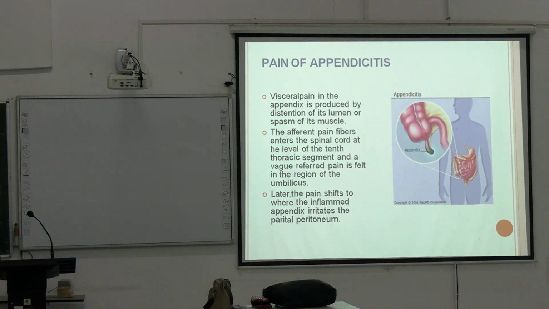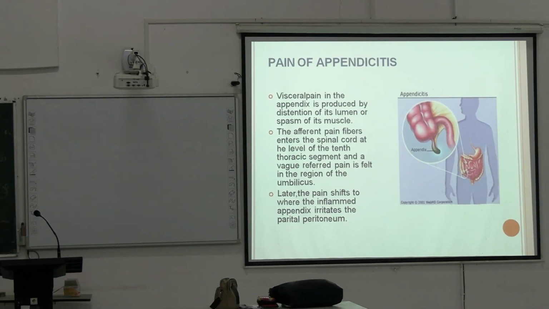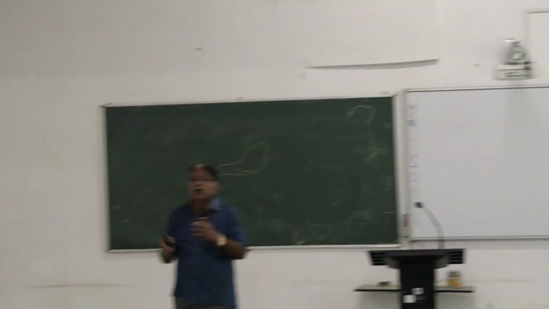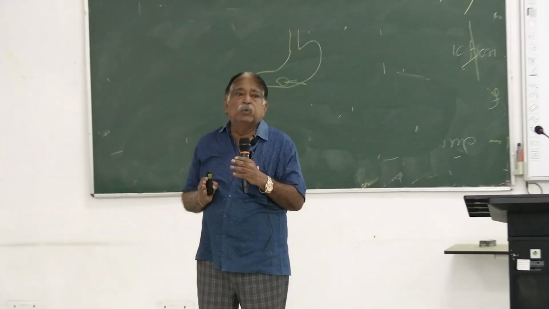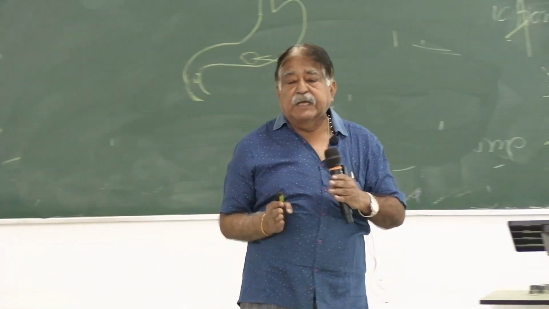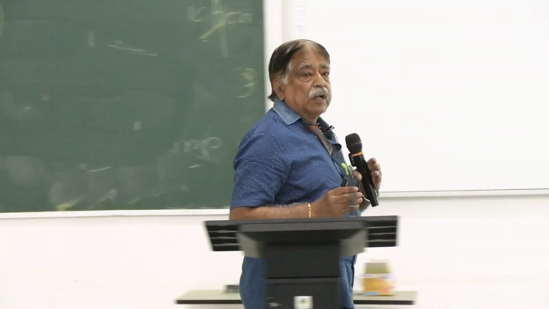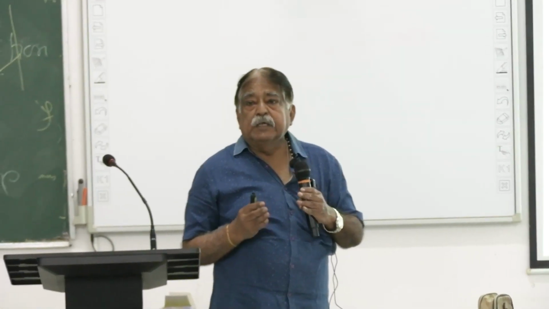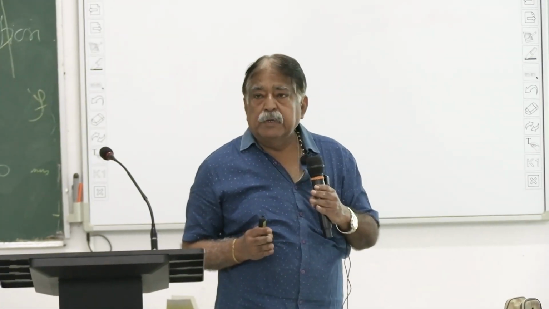Now, any pain on the right side, right iliac fossa, does not relate to appendicitis. Even if it relates to appendicitis, you must be sure whether to go for an immediate surgery or not.